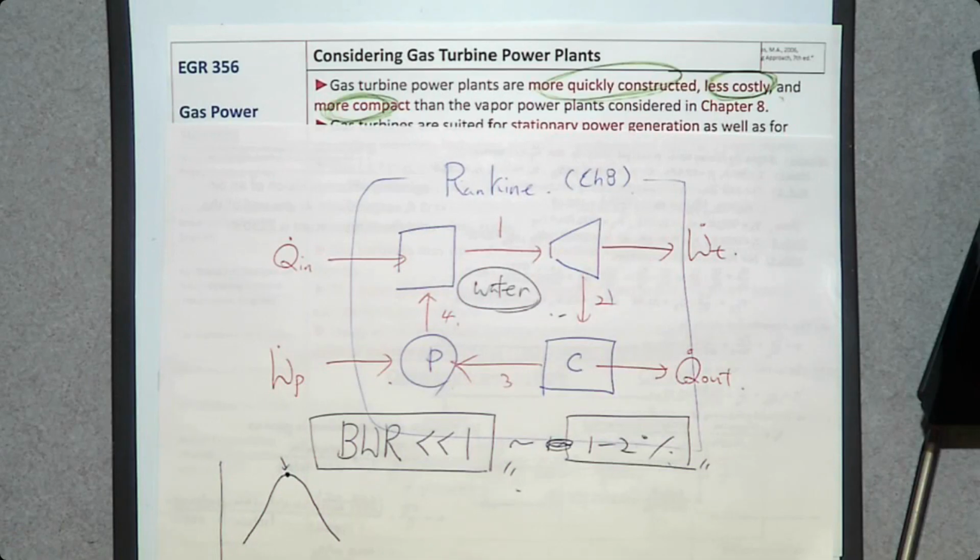So what about if you want to use a vapor power plant in a nuclear reactor? Usually the output of the nuclear reactor is very high. So to run a vapor power plant, you need to limit the temperature. And what's the problem of limiting the maximum temperature?